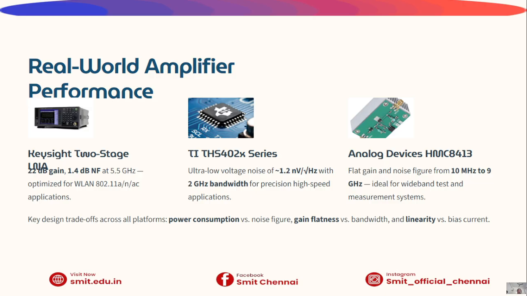Analog Devices offers wideband amplifiers operating from megahertz to gigahertz frequencies with stable gain and low noise characteristics. These examples demonstrate the practical trade-offs among gain, bandwidth, power consumption, linearity and noise figure.